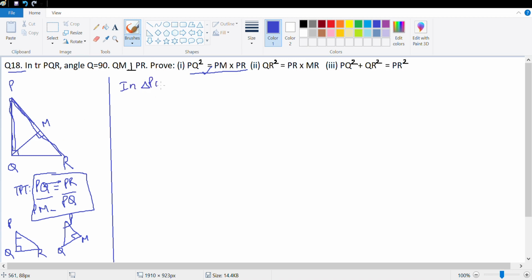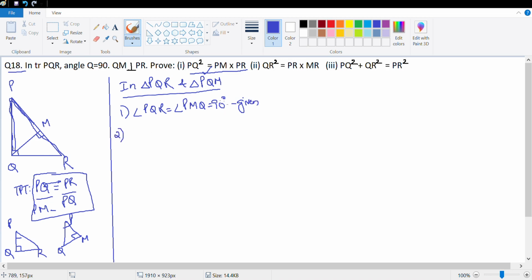In triangle PQR and triangle PQM. Number one, angle PQR is equal to angle PMQ is equal to 90 degrees. This is given.